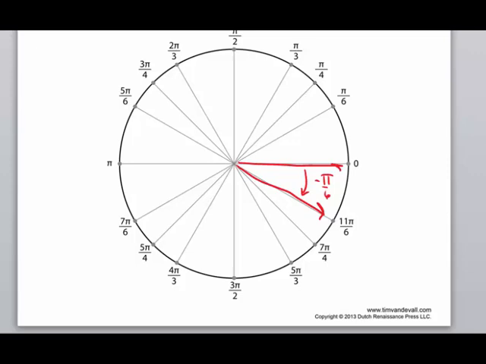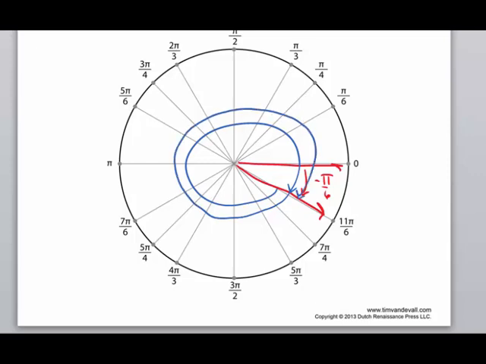Where's that going to put me? If I add pi, it's going to send me all the way around, right back to the angle. If I add pi twice, that's going to go all the way around the second time, come right back to the angle. And so the problem is that we're never going to land on this third quadrant answer that we need. So we need to figure out what that third quadrant answer is and reflect that with a separate equation.